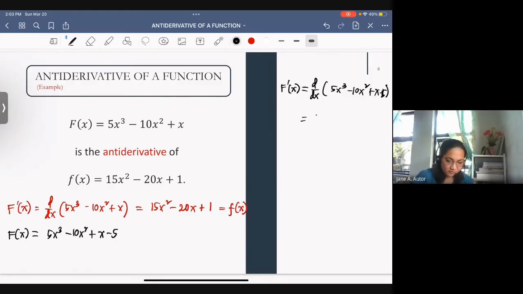We'll have 15x squared minus 20x plus 1 also, which is also equal to our small f of x. Looking at this illustration, the only difference that we will have for multiple possible antiderivatives would be due to the constant term. Okay?